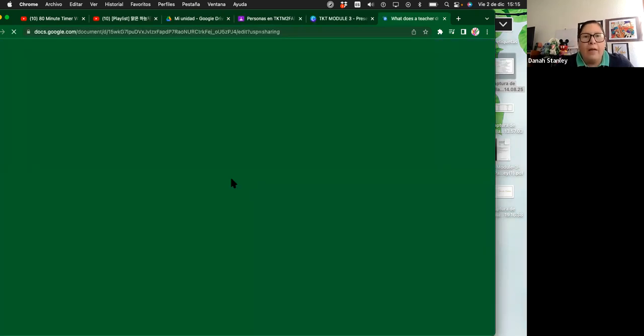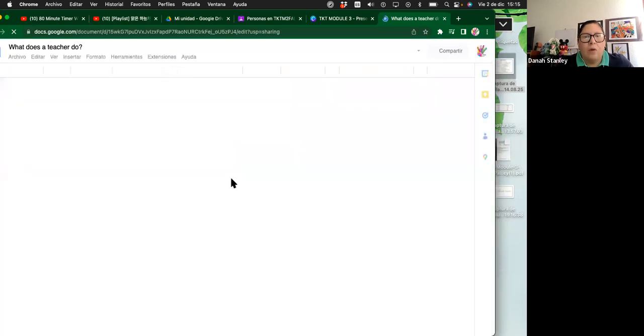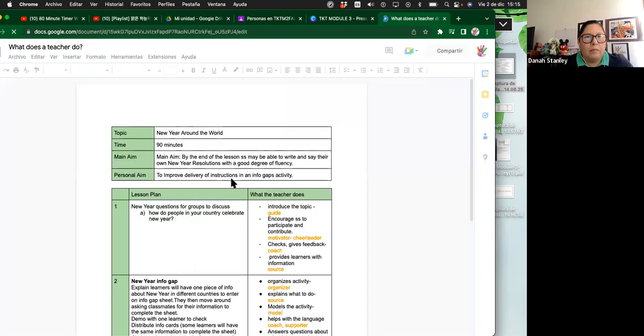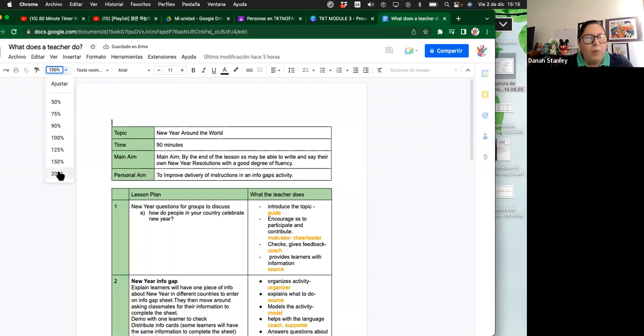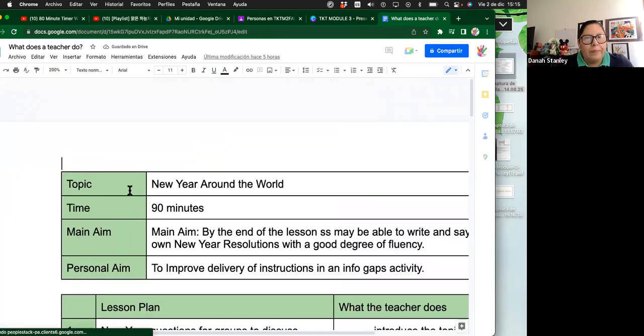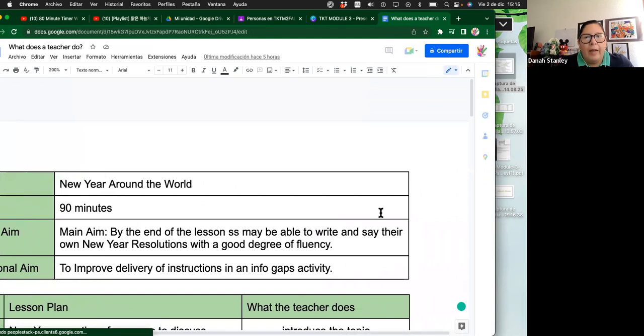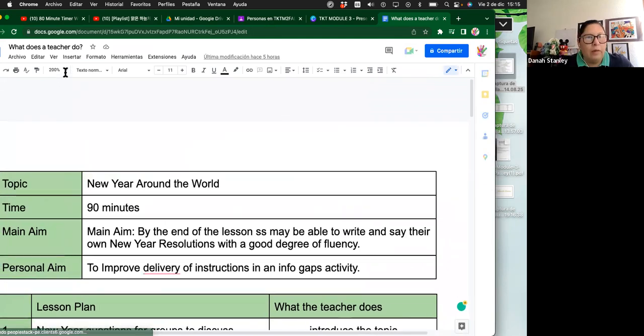Here I have an example of a class of about 90 minutes. I solved the handout with the teachers in the morning, but we can check and analyze together, okay?